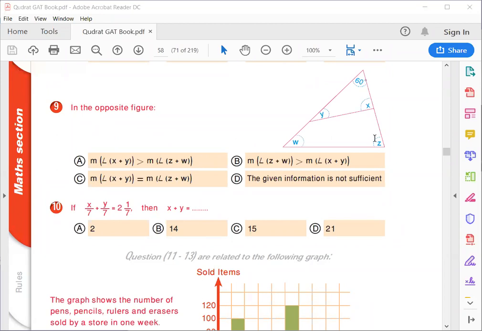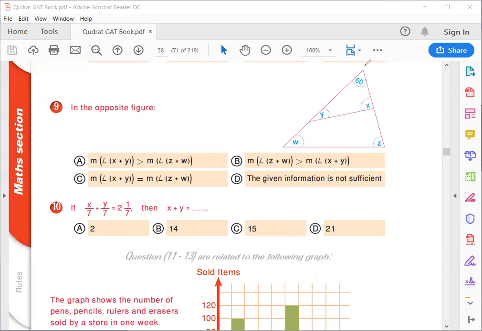I know if the angle is big, the length or the side is also big. Now he said y and x.